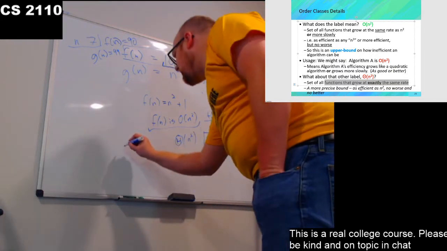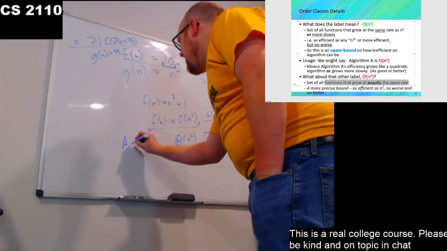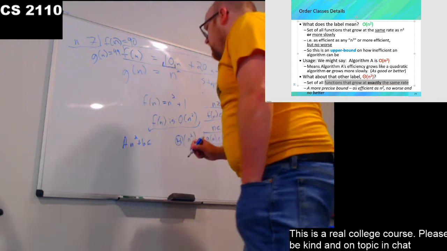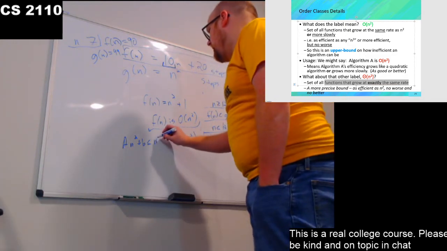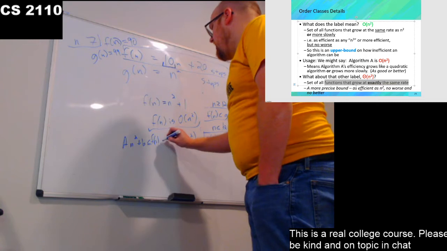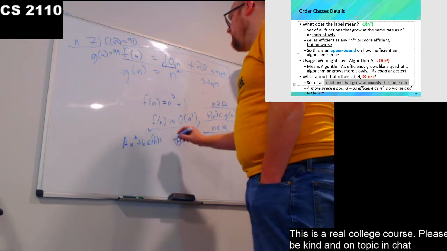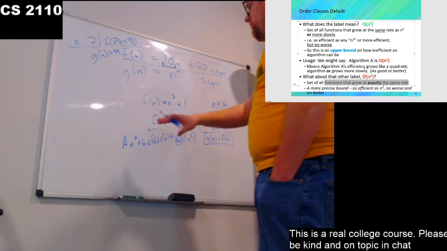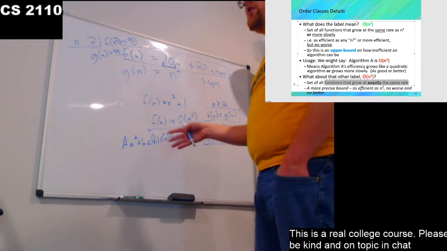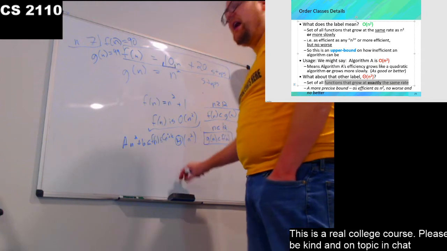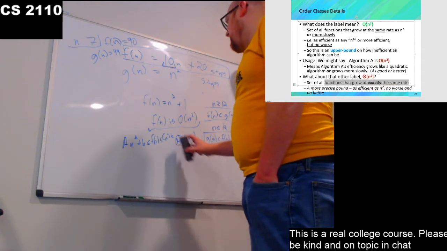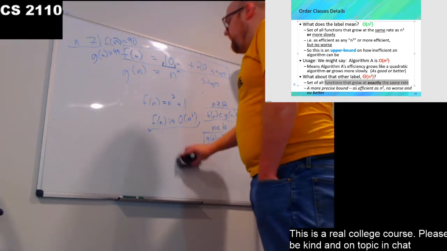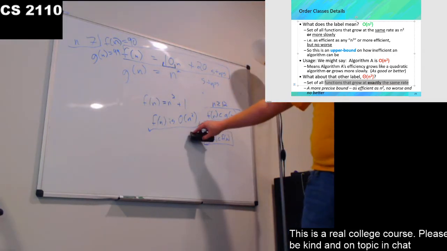This would mean that there's some constant a n squared plus b that is less than or equal to f of n, and with different constants, less than or equal to c n squared plus k. Don't worry too much about the mathematical underpinnings. You'll go over this more in 2150 and then in algorithms. Just understand that there is a difference between big O and big theta, but for this class, we're only going to focus on big O.